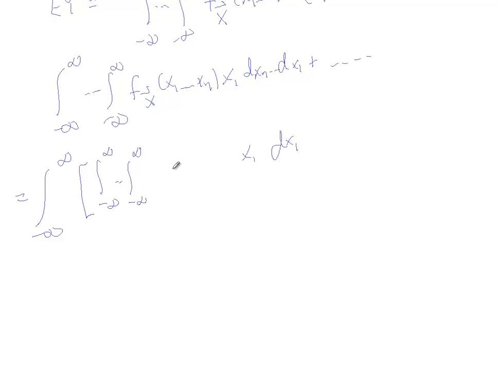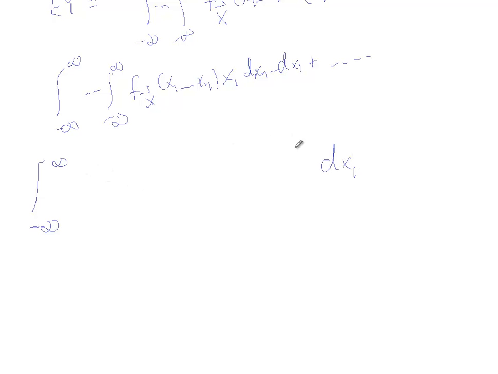Sorry, somehow I got slanted here. And here's f_X(x1, ..., xn), and then this should be dx2, dxn. Let's make that bigger. It's really too small, and maybe I can get rid of the slant. If I want to redo this integral and write it better, I'm going to write integral from minus infinity to infinity, and that's dx1.